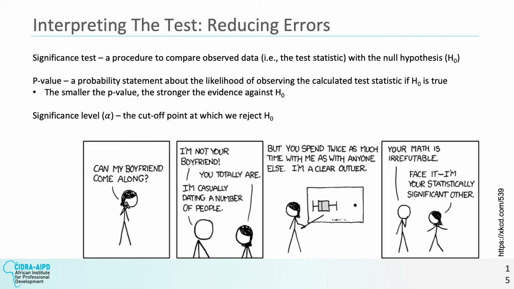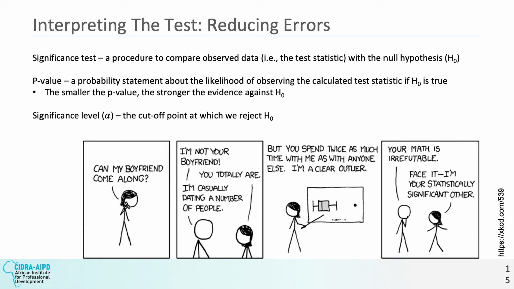If it is very likely that our test statistic differs from the null hypothesis for non-random reasons, meaning the sample is truly different, then we can reject the null hypothesis. We call this likelihood, or probability, the p-value.